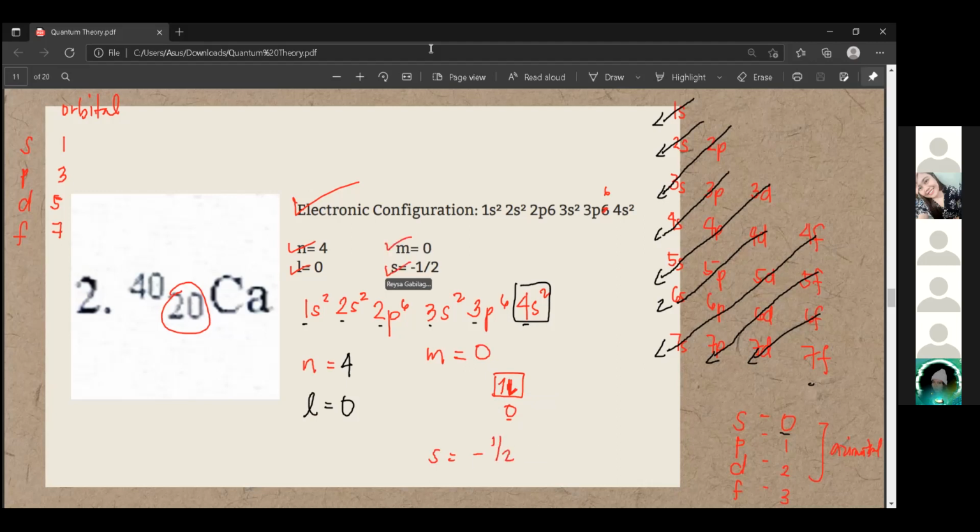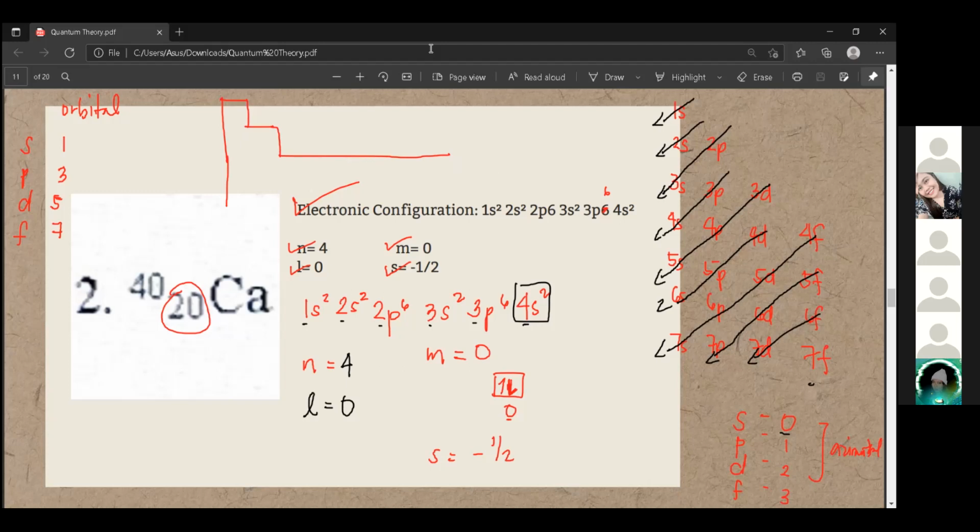So for number 2, you got the correct answers for everything. Questions? Any question here? Therefore, class, if I look at the configuration and the principal quantum number, I can actually locate where calcium is. I can actually predict where calcium is located in the periodic table. So this is 4.